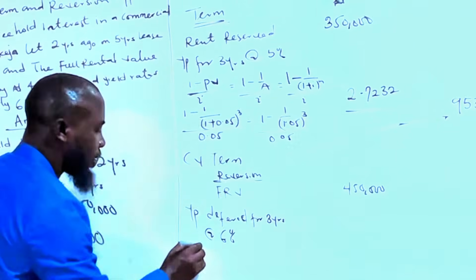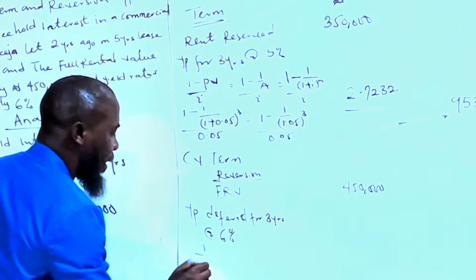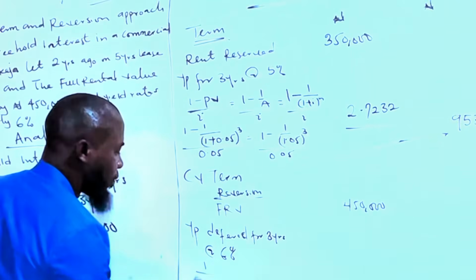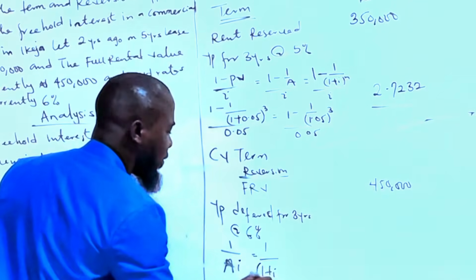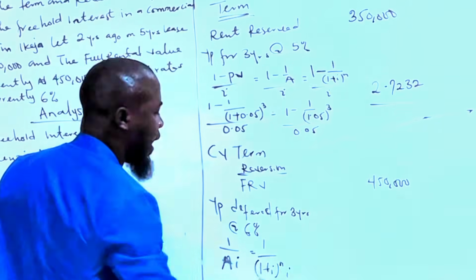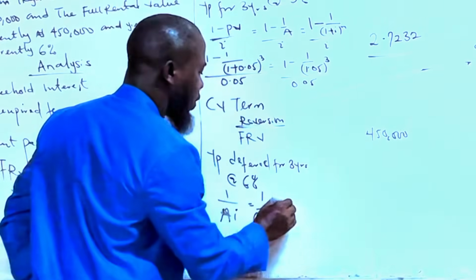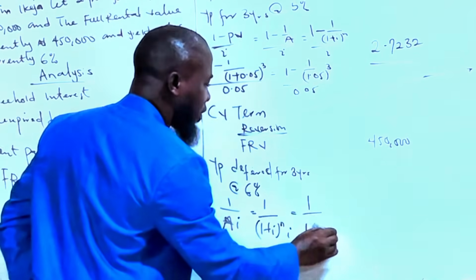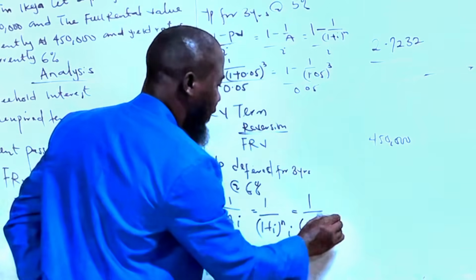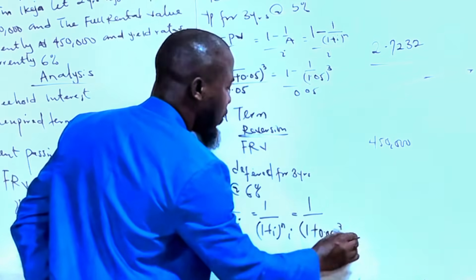The formula is 1 all over AI: 1 all over 1 plus I raised to power n, times I. So it is 1 all over 1 plus 0.06 raised to power 3 times 0.06.